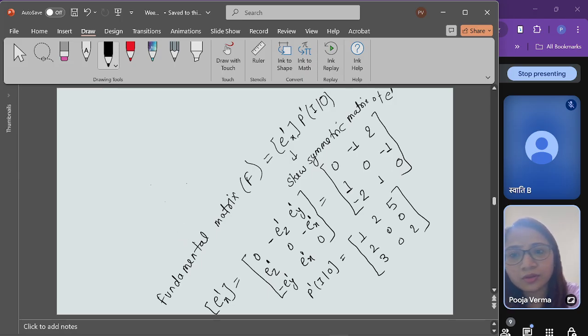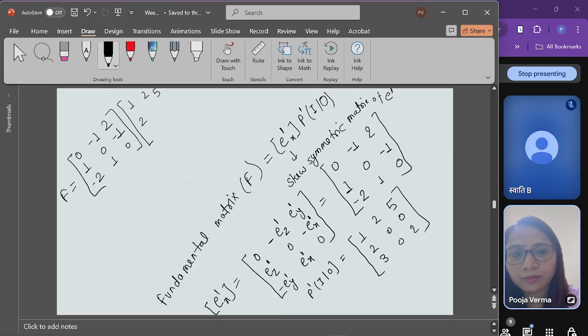Okay. So now to calculate the fundamental matrix F, we just multiply the skew symmetric matrix with this P dash I0: 0, 1, 0, minus 1, minus 2, 1, 0, with 1, 2, 5, 2, 0, 0, 3, 0, 2.